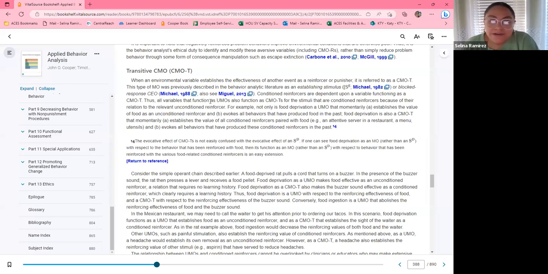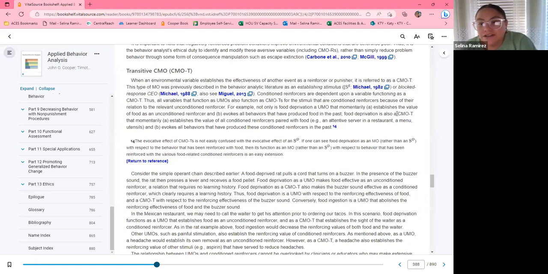Thus, all variables that function as UMOs also function as CMO-Ts, or the stimuli that are conditioned reinforcers, because of their relation to the relevant unconditioned reinforcer. So an example here: not only is food deprivation a UMO that momentarily establishes the value of food as an unconditioned reinforcer, it also evokes all behaviors that have produced food in the past.